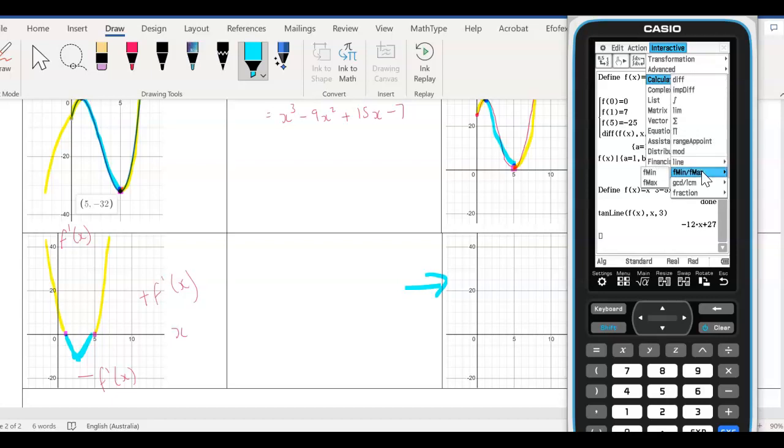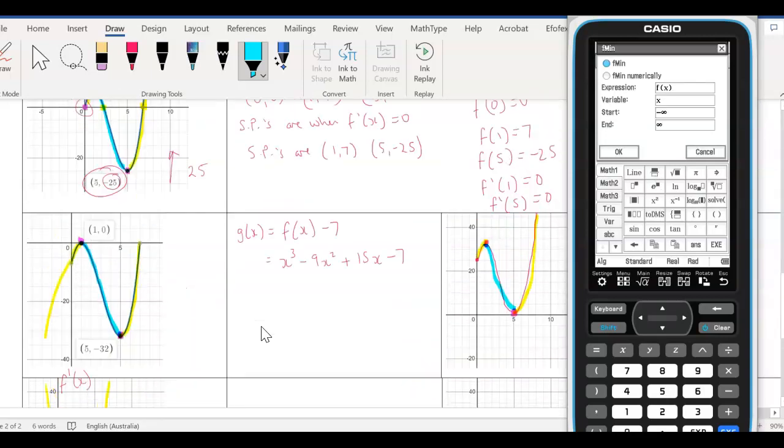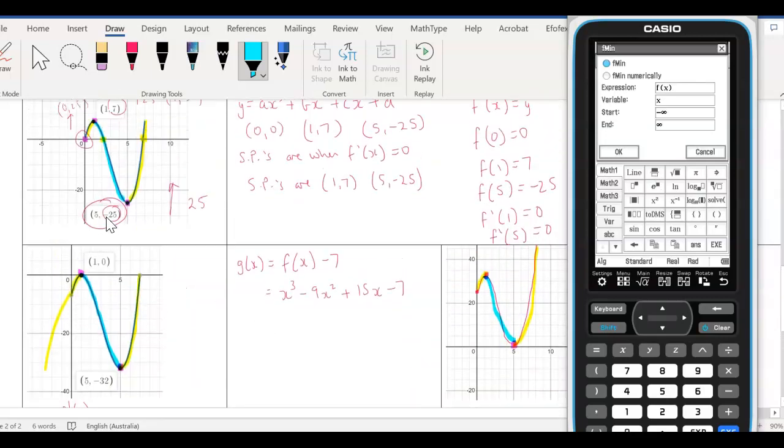So you can also get the minimum and the maximum of your function. So I know for f of x, our minimum, so we did this one here, it's going to keep going because I restricted the domain here.